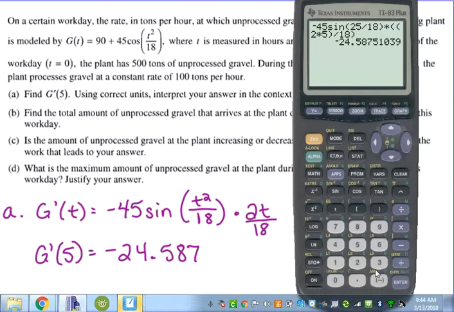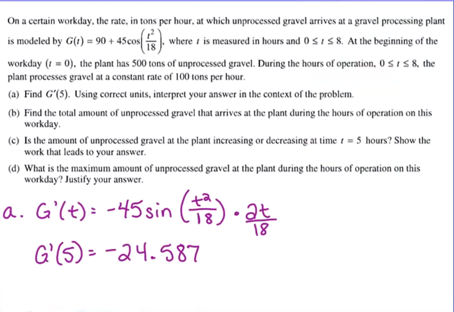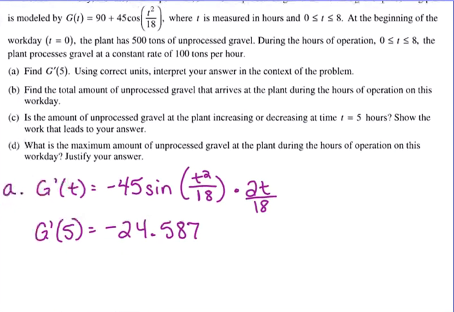Remember that we can always just write the first 3 digits after the decimal sign, but you definitely have to have the first 3. You don't need to worry about rounding. I would just truncate every time. So that is G prime of 5, negative 24.587. You get 1 point for that.